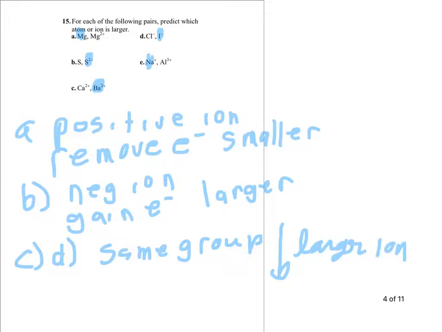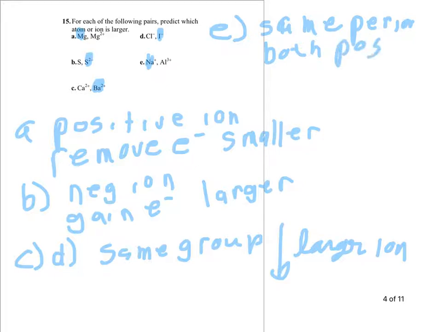And then for E, we're in the same period, both positive, and as we move across, they get smaller. So the one farther over here is going to be bigger, and that was sodium.